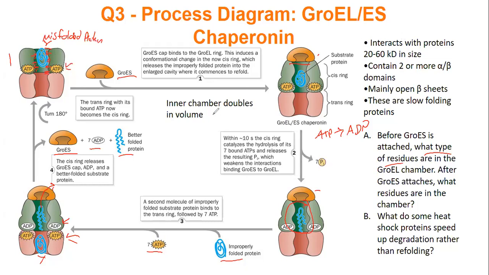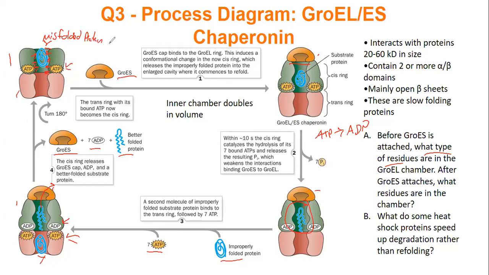How does it recognize the misfolded protein? Hydrophobic region exposed again? Exactly. That's how I'm going to bind the misfolded protein. I'm going to bind to its hydrophobic regions. So if I bind to its hydrophobic regions, what type of amino acids must I have on the inside of GroEL to bind to it? Misfolded protein does not move through any barrier. What's happening from this last picture to this new picture is that they're just flipping the image to continue.